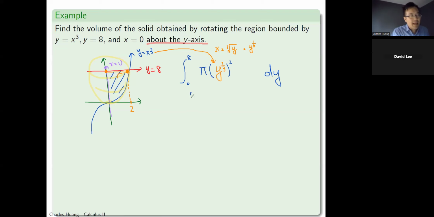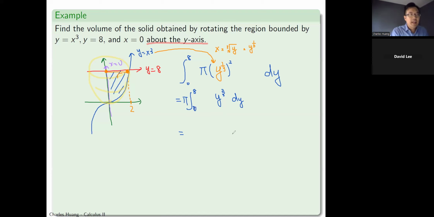Okay, once we have that, we'll have the integral from 0 to 8 of pi y to the 2/3. Normally, we will put the pi outside. I kind of forgot, that's okay. Let me put it outside right now, because it's a constant.